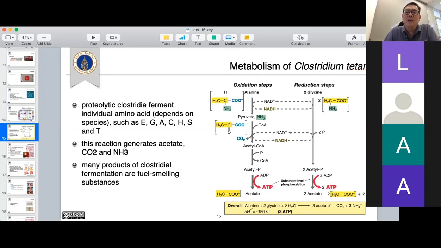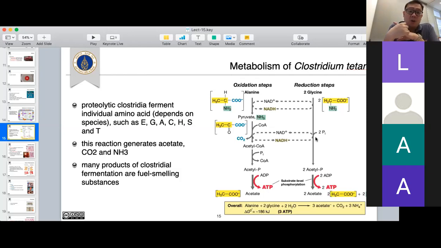Finally, you get three acetates, which are acid, and carbon dioxide and three ammonia molecules with three ATP. Once this pathway happens over and over, the byproduct of the pathway is ammonia. That can explain why Clostridium tetani, when they infect your skin, cause tetanus.